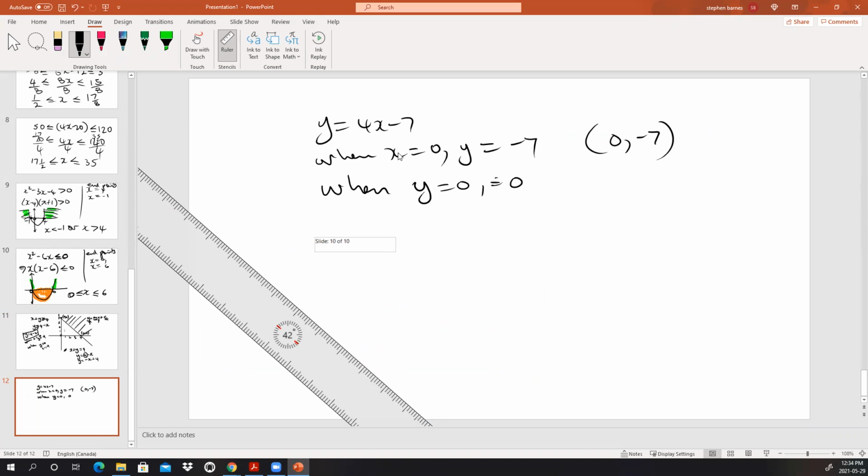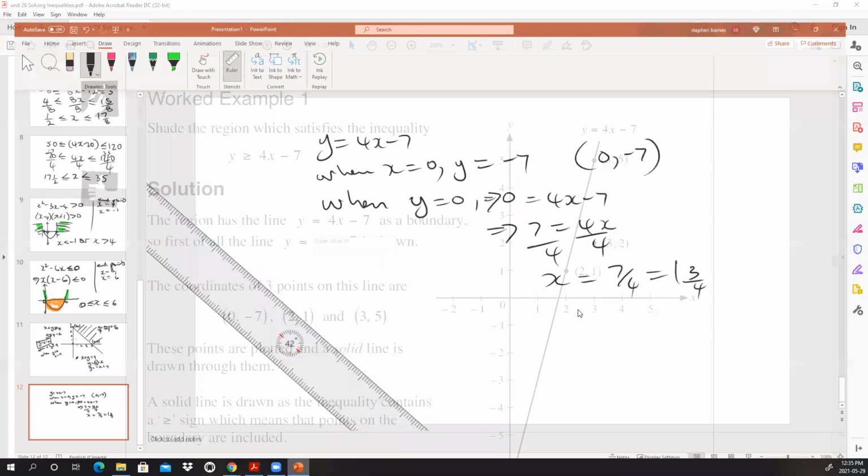So I have this implying that x is equal to 7 over 4, right? So this is like 1 and 3 over 4, so almost 2.